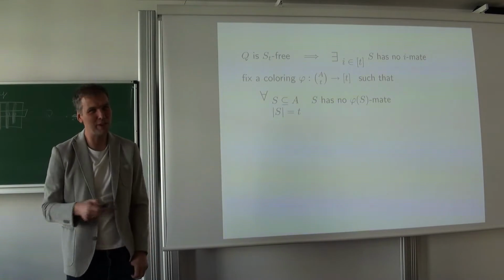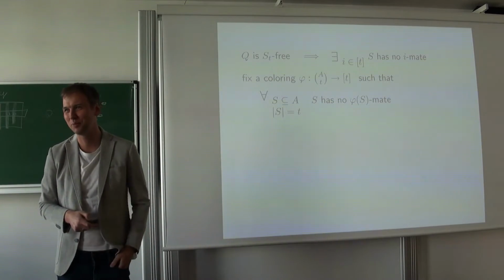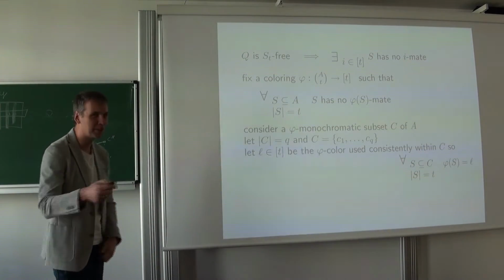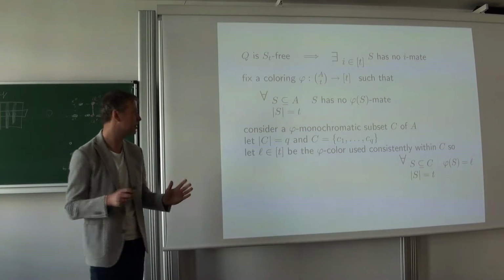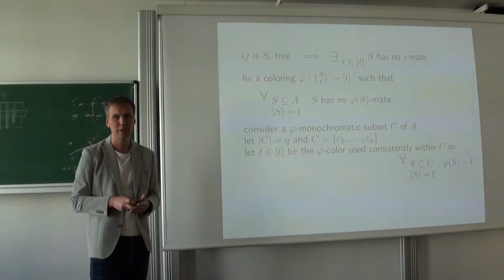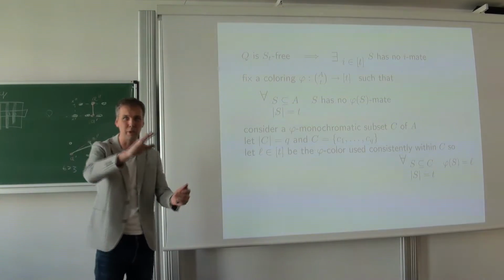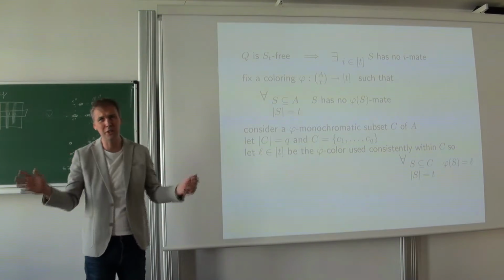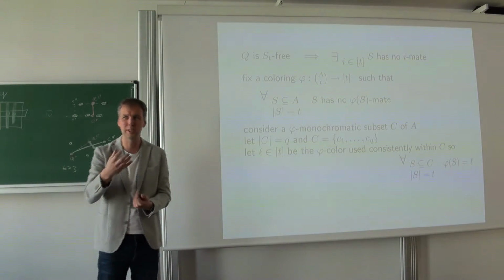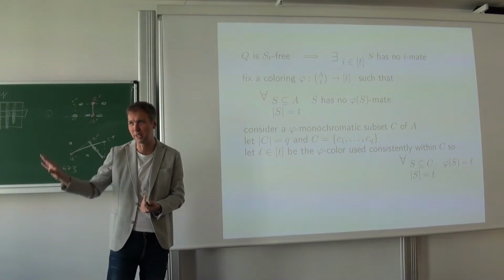So we have a very nice coloring of the T tuples. And now please consider with me a monochromatic subset of A. Imagine that we have this coloring. If A is large enough, we can Ramsey out some monochromatic subset, but let's skip that part for a moment.